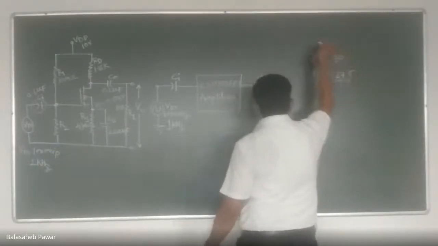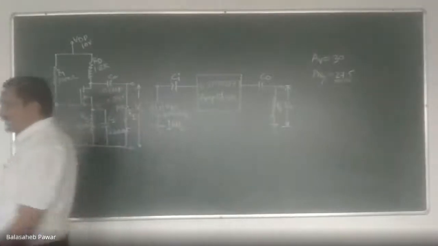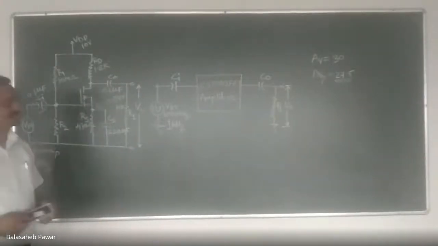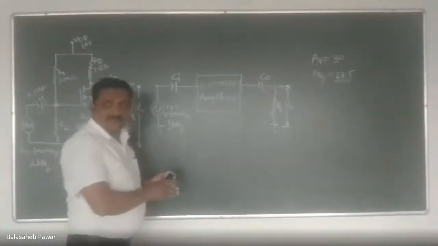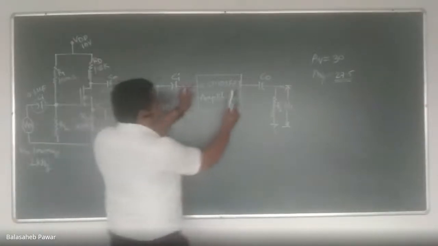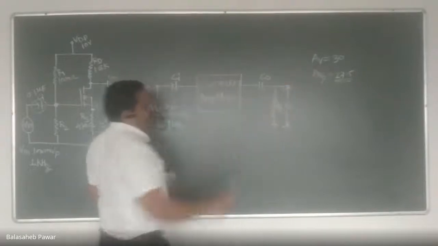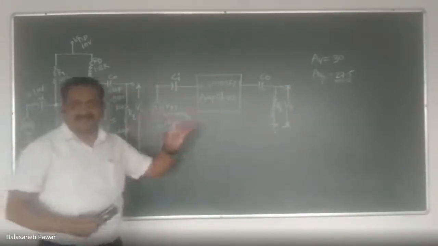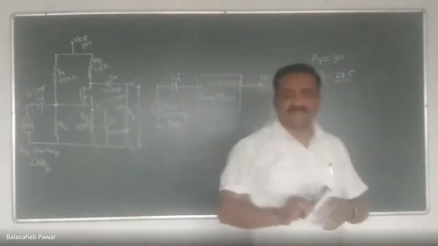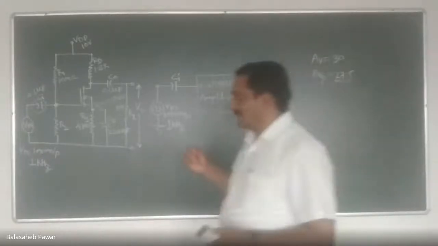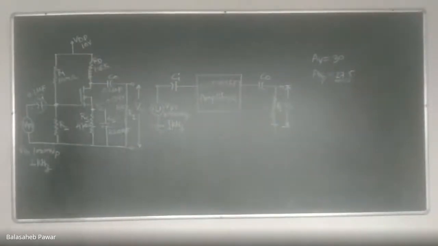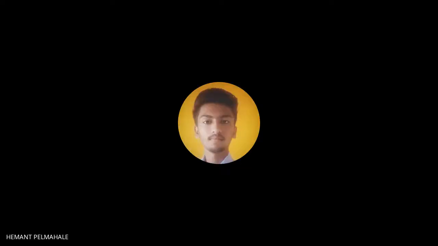It is almost closer to our considered value of 30. That means whatever input you apply to this box, which is acting as an amplifier, its output will be 30 times. Whatever input we apply, the obtained output will be 30 times that applied input. Are you getting it? Yes, sir.